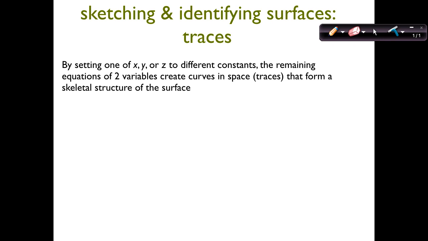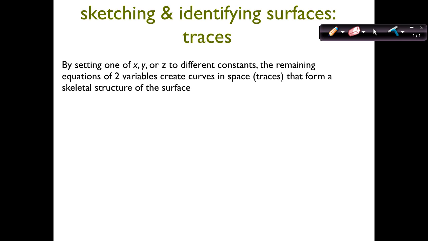Curves in space that lie totally on the surface, we call those traces. They're tracing on the surface. And if you've got lots of traces, what you get is kind of a skeletal structure of that surface, like a net that would lie on the surface, and then you can imagine the whole surface in your mind.